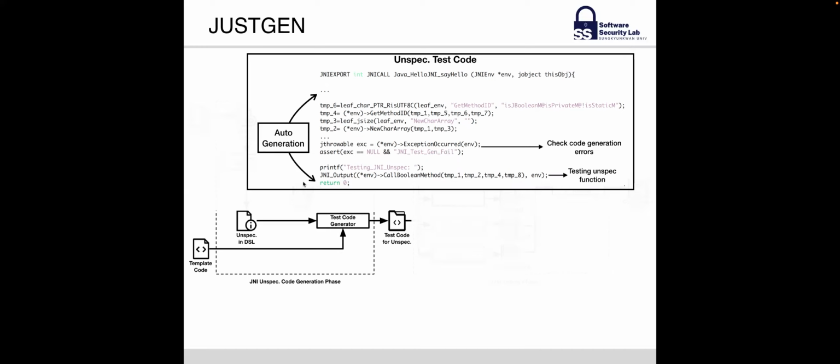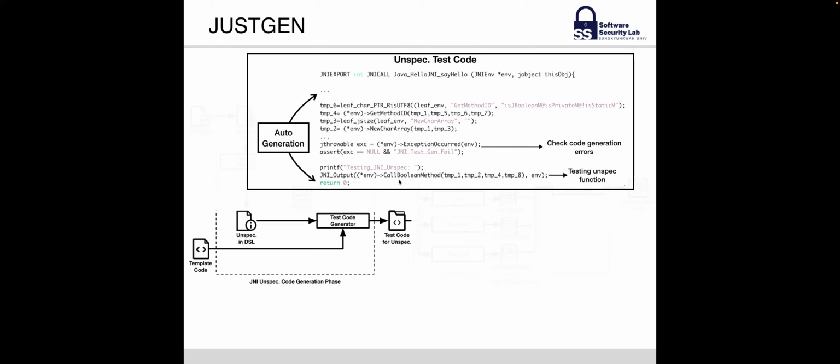So as I explained in the previous slide, J9 programs are sequences of J9 function calls. So as you can see here, this is a J9 function, this is a J9 function, and this is a J9 function. There is a sequence of J9 function calls.